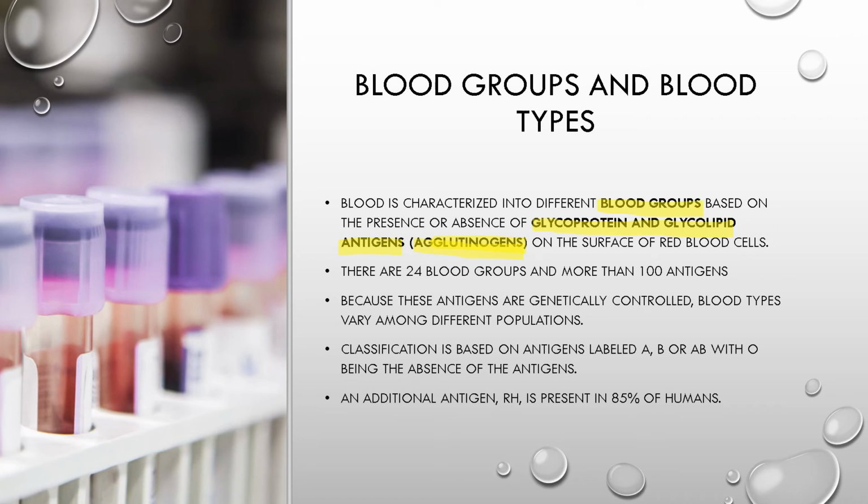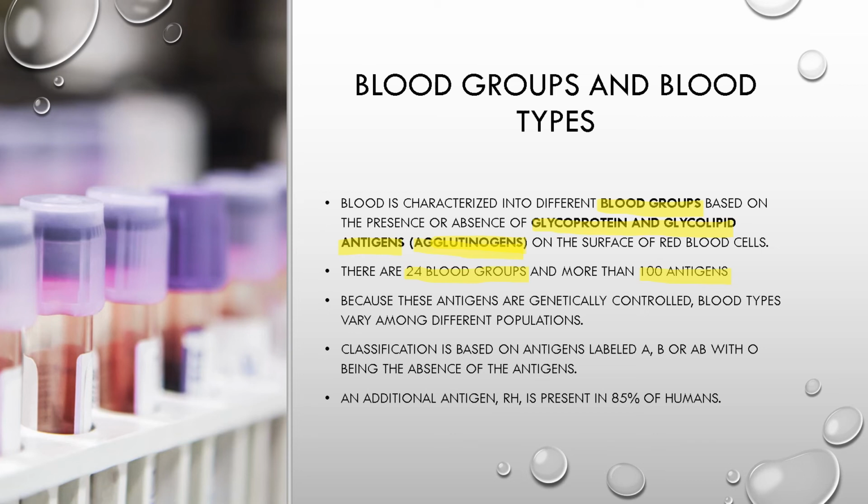Within a blood group, there may be 2 or more blood types. Now, there are at least 24 blood groups and more than 100 antigens that can be detected on the surface of red blood cells. So for this class, we're just going to discuss 2 major blood groups.